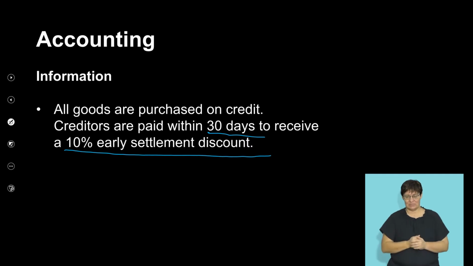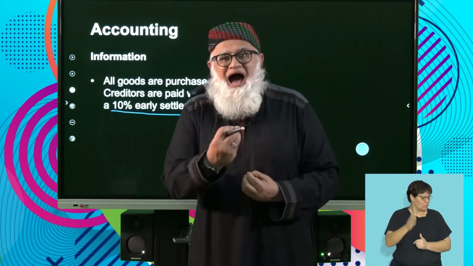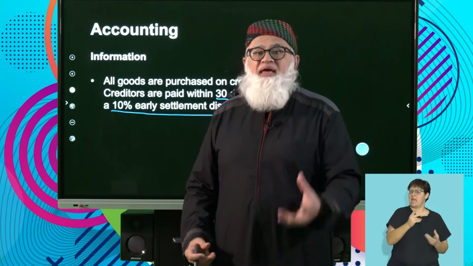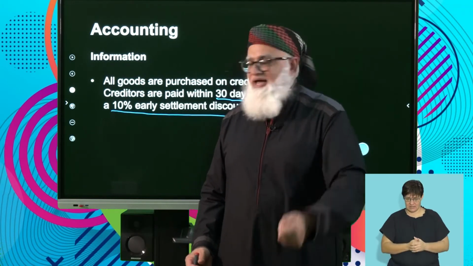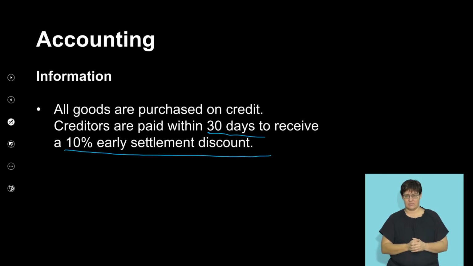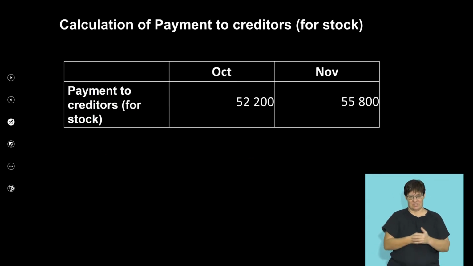Okay, so in this particular question, they want to know how much you are going to be paying your creditors, right? Okay, so step number one, determine your credit purchases. But in this particular example, all the goods are purchased on credit, so your entire purchases amount is a credit purchase, right?